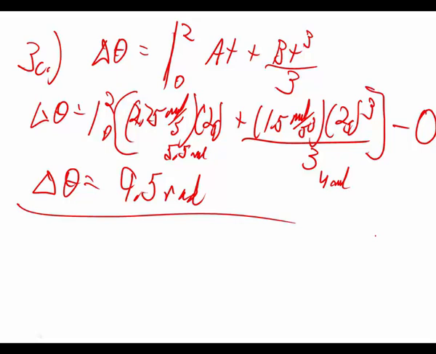But you had to remember that this is a derivative, and since I have an equation, to find the angle I integrate the angular velocity with respect to time. Good problem.